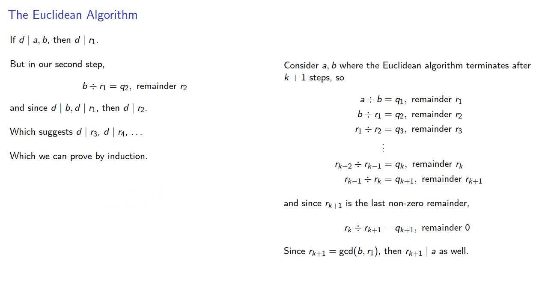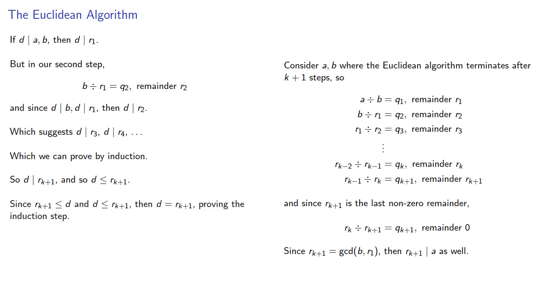So D does divide rk plus 1, and so D is less than or equal to rk plus 1. And since rk plus 1 must be less than or equal to D, and D must be less than or equal to rk plus 1, then D must equal rk plus 1, proving the induction step, and so our Euclidean algorithm is an algorithm. It will always terminate after a finite number of steps, and it will always give us the greatest common divisor.